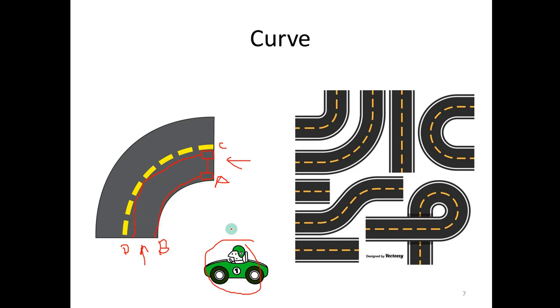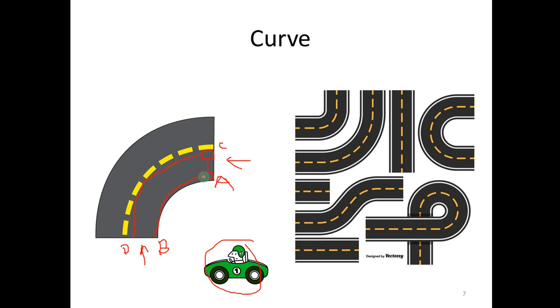But you can notice that from A to B, this is a curve, and the length is lower; the distance is lower compared to the distance from C to D.